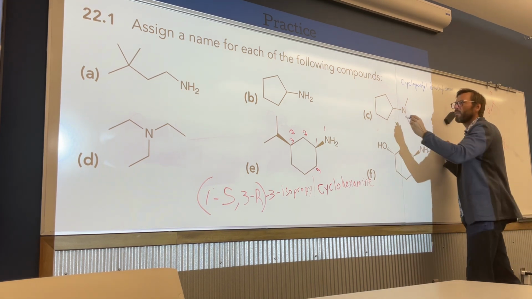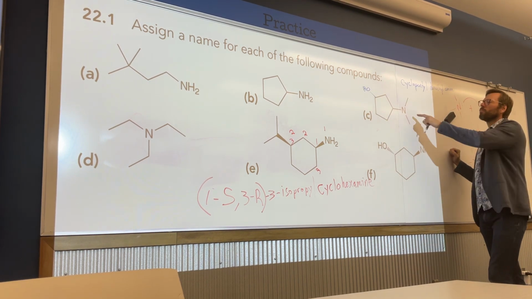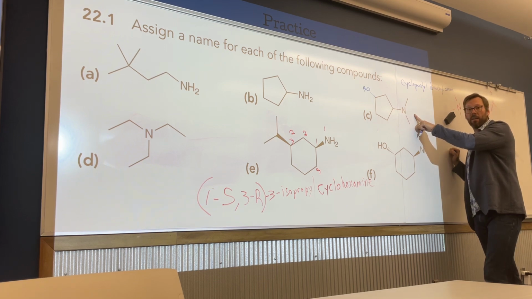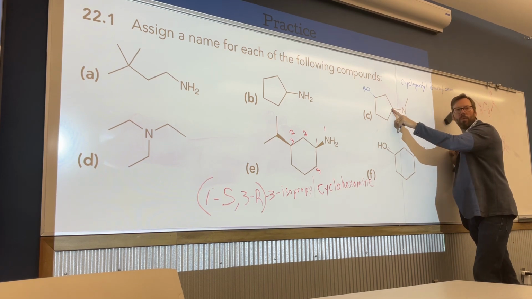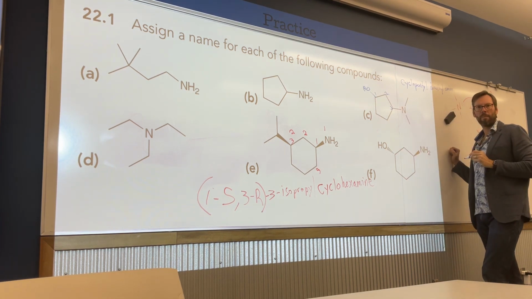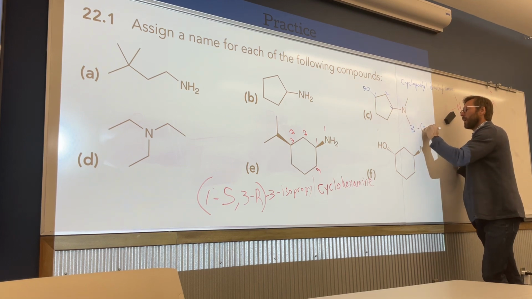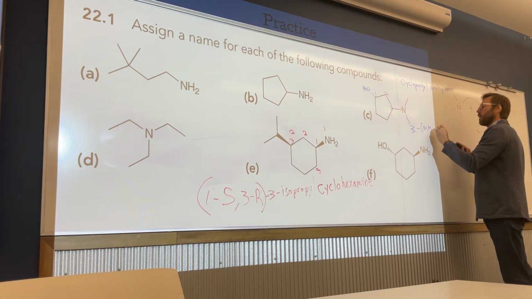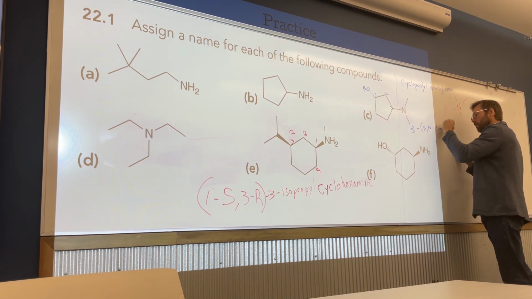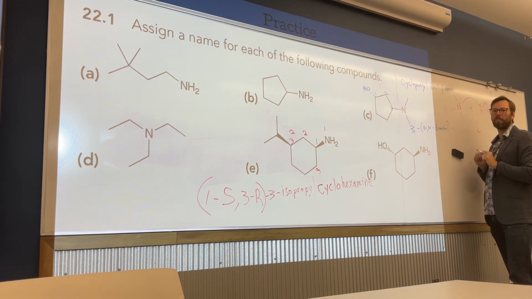Like if this was an OH, then it would be N,N-dimethyl cyclopentanol. And I think that'd be 3-N,N-dimethyl cyclopentanol.